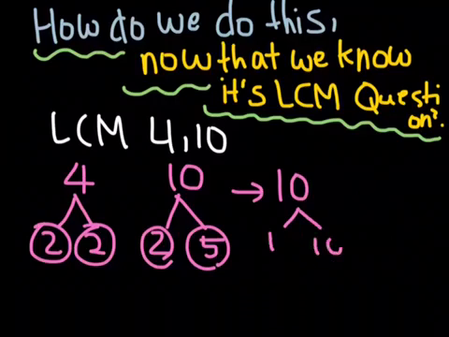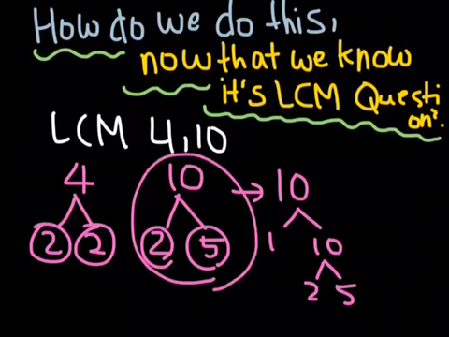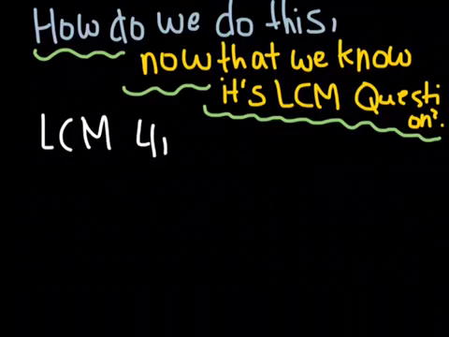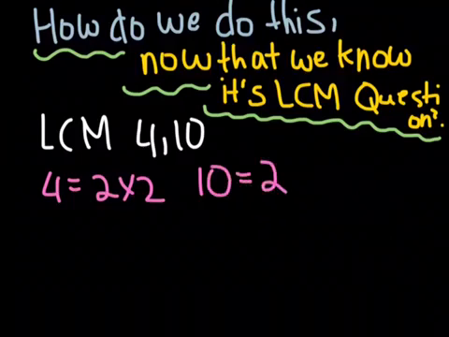I figured this out, but I guess this way is better, so that we don't use a lot of space. So we need to find the LCM of 4 and 10. We found out that 4 was 2 times 2, and 10 was 2 times 5.